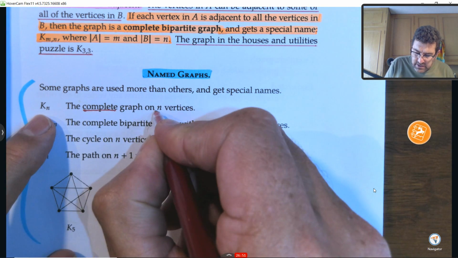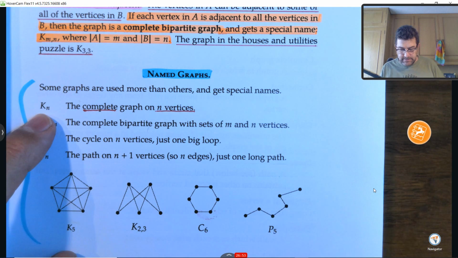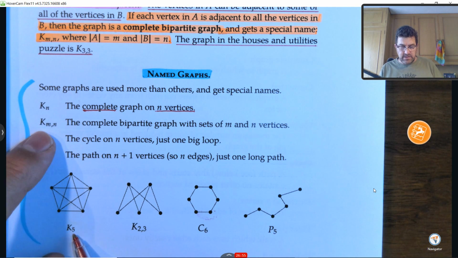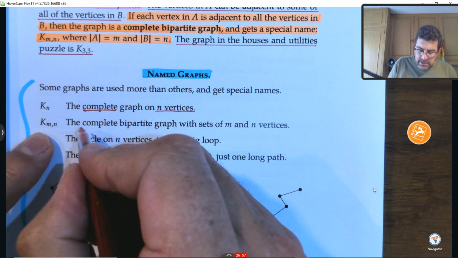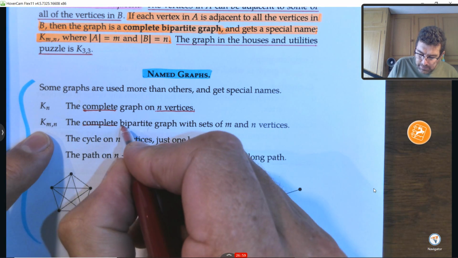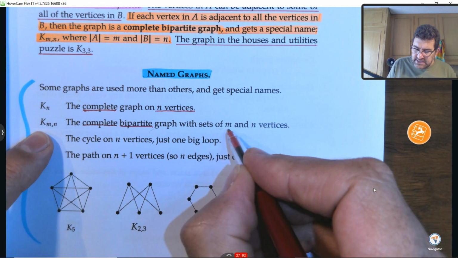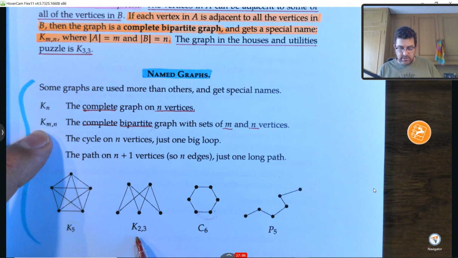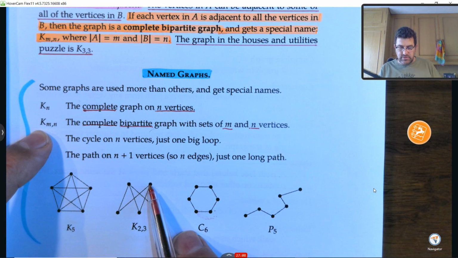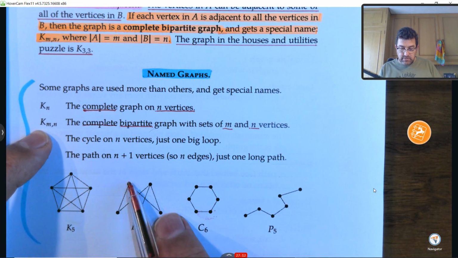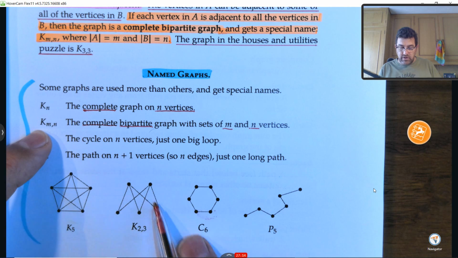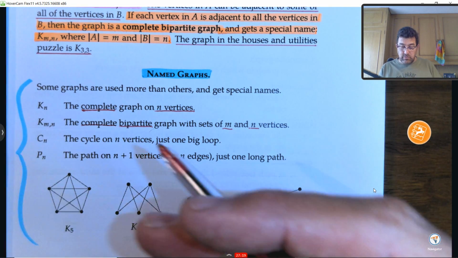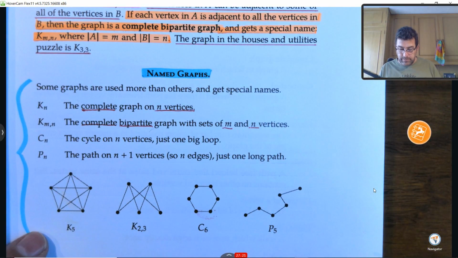It's complete and it has n vertices. That's an example of that. Kmn is a complete graph, but it's bipartite and it has sets with m and n vertices. Okay, so K2,3, there's the first set 2, the second set is 3. It's complete because every vertex joins with every other vertex in the other set, and it's bipartite because we could have split them in 2.